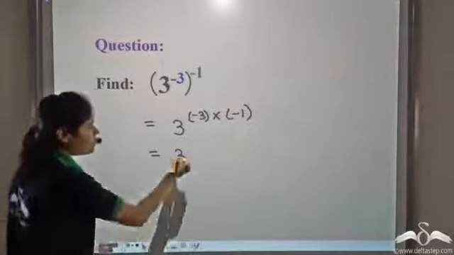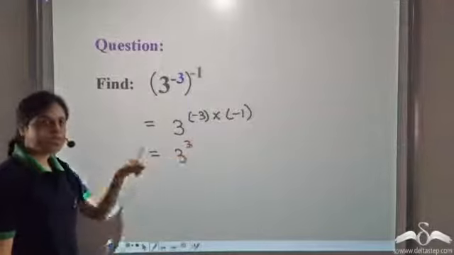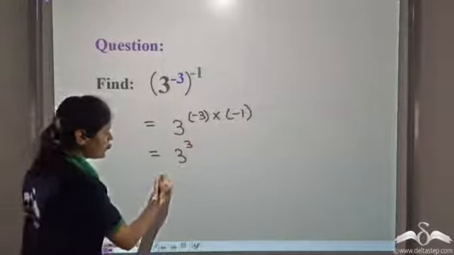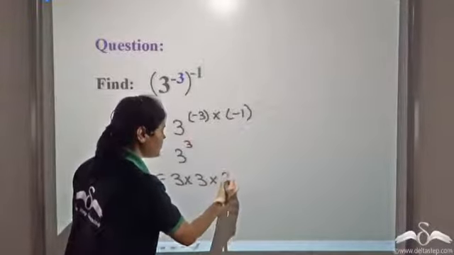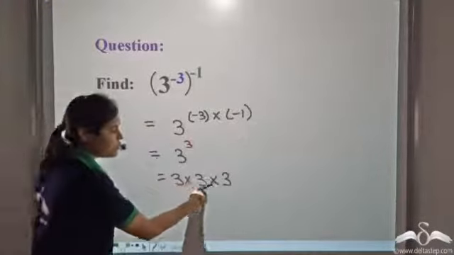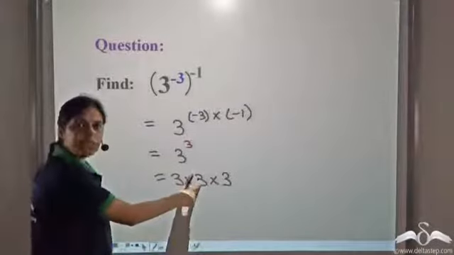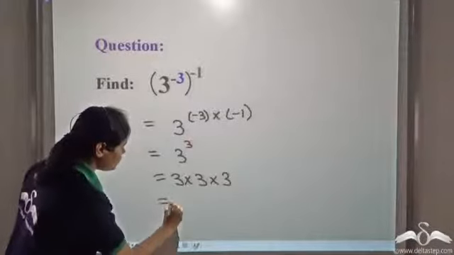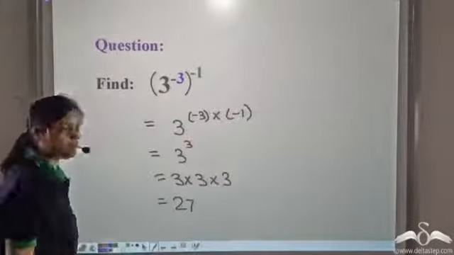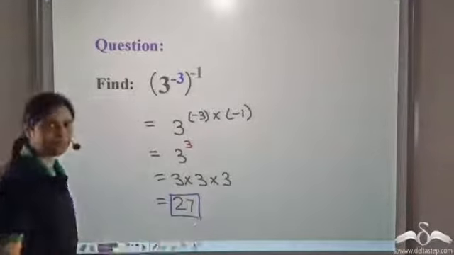So this is 3 to the power 3. That is 3 cube. 3 to the power 3 is 3 multiplied with itself 3 times. So this is multiplied 1, 2, 3 times. Now 3 into 3 is 9. 9 into 3 is 27. So this is equal to 27. So the answer is 27.